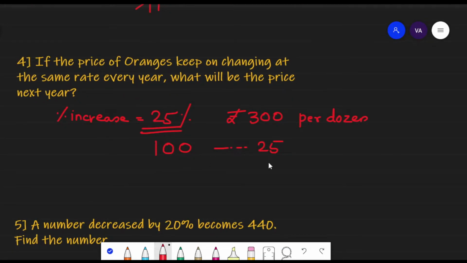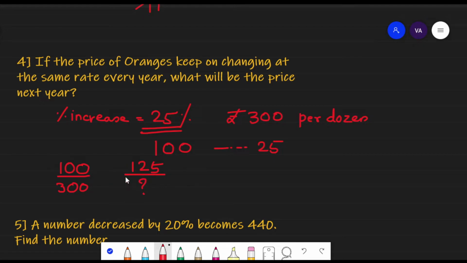So what do we mean by this? Anything which was 100 rupees will be priced at 125, 25 rupees more. So every original value which was 100 rupees will have a value of 125. So we can say for every 300, how much is the value?